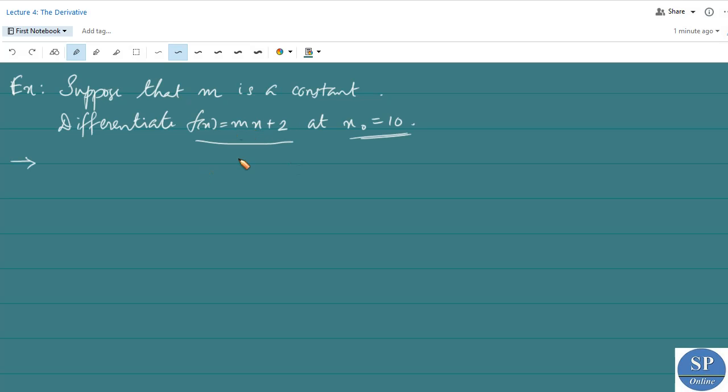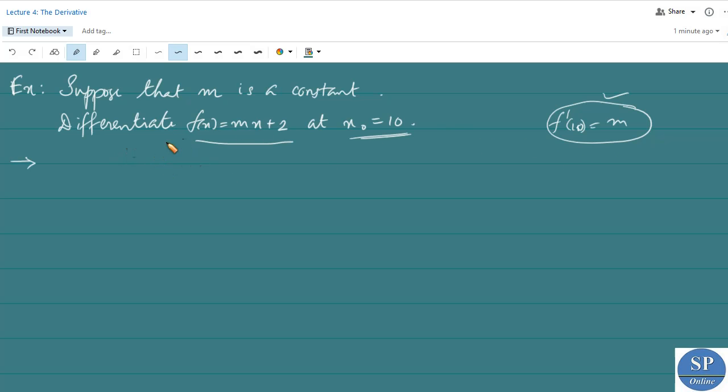Since it is a linear function, we know the derivative is the slope of this function, that will be m. So our aim is to find f dash of 10, which is equal to m. That will be the derivative of f at the point 10. That is, the slope of this linear function is m. Clear.